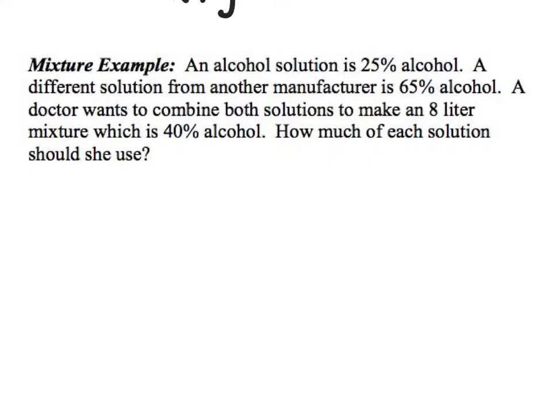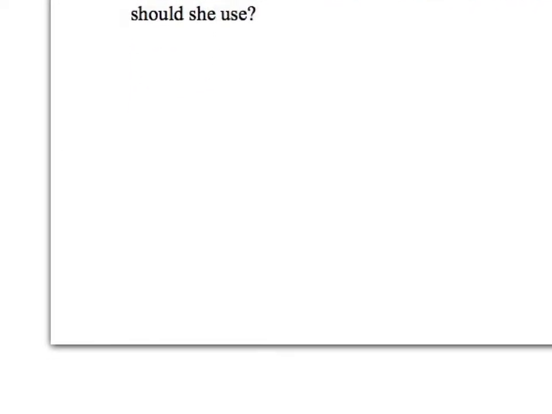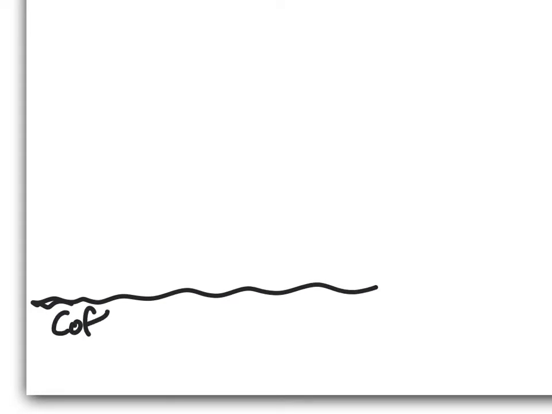So let's think in context here. Let's think about coffee. Let me do this down here so you have some room to write. Have you ever made weak coffee, where it's not very concentrated, like a light brown, and it's not very good?